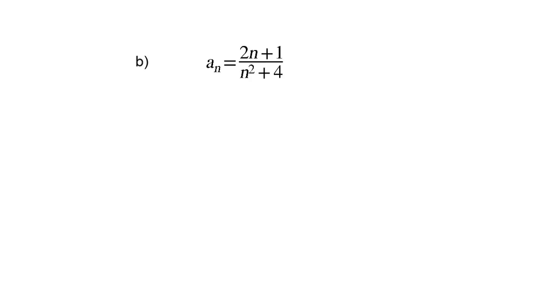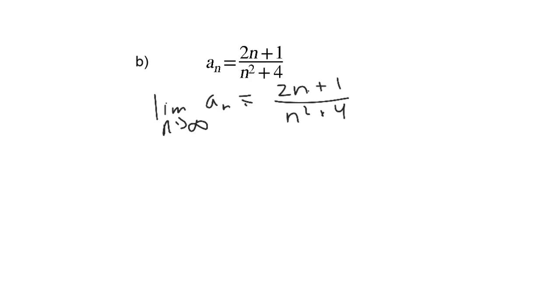The limit as n approaches infinity of a sub n equals (2n plus 1) over (n squared plus 4) times 1 over n squared over 1 over n squared. Just like that. We're multiplying both the numerator and the denominator by 1 over n squared.